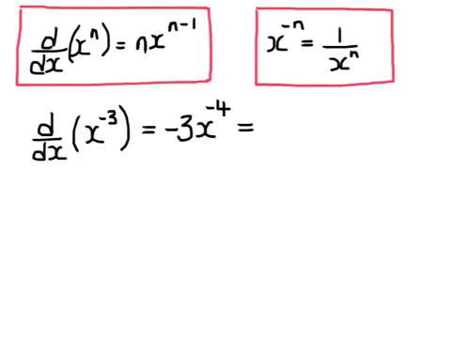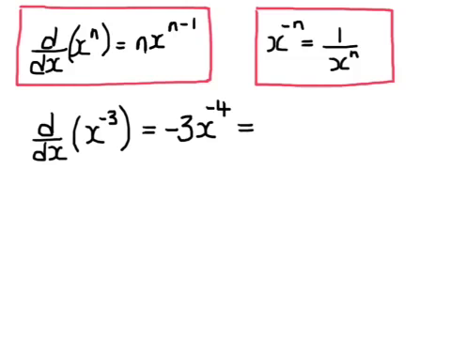Now, in order to rewrite this, if I look at the right-hand side, in the boxes above, I can see that x to the power of a negative index value is the same as 1 over x to the power of that number made positive.